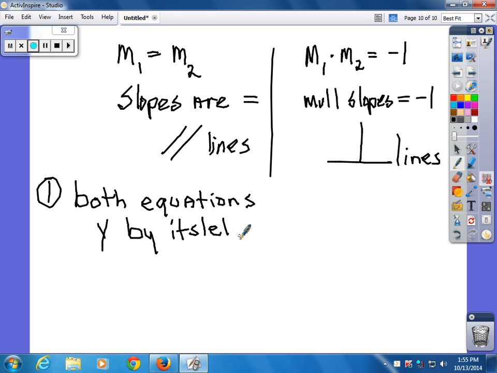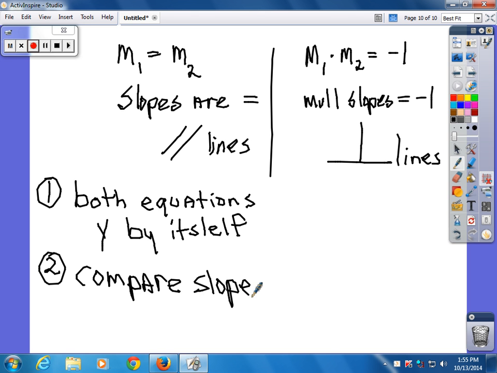In other words, solve for y. 2. Compare slopes. When you compare the slopes, you apply these two rules and see which one it is. It's either going to be parallel, perpendicular, or neither.